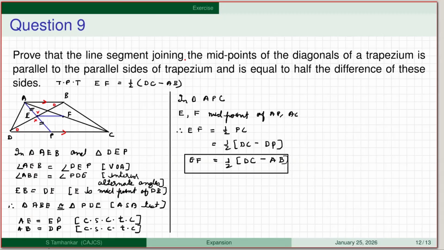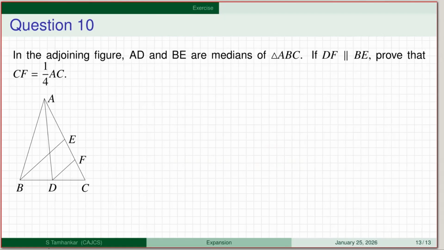Okay, let's move to the last question. Again, you can pause the video and try to prove this. So the question says that AD is a median. So that means D is a midpoint of BC. It also says that BE is a median. So that means here you have this equal to this. So let me write it down here.